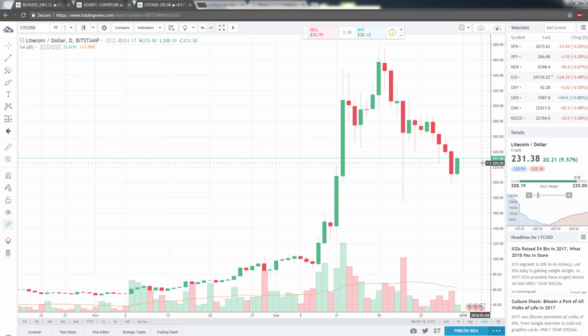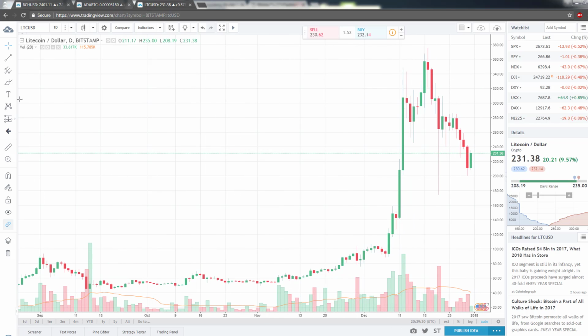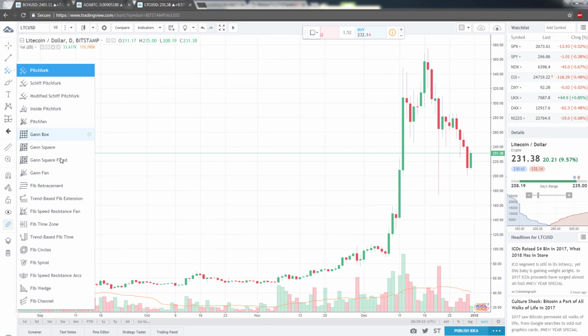This technically means that we'll be looking for buying opportunities, for long opportunities, right? Now this candlestick right now, hopefully it turns out to be an engulfing bullish candle, because this probably is a 618 retracement level. Fib retrace.